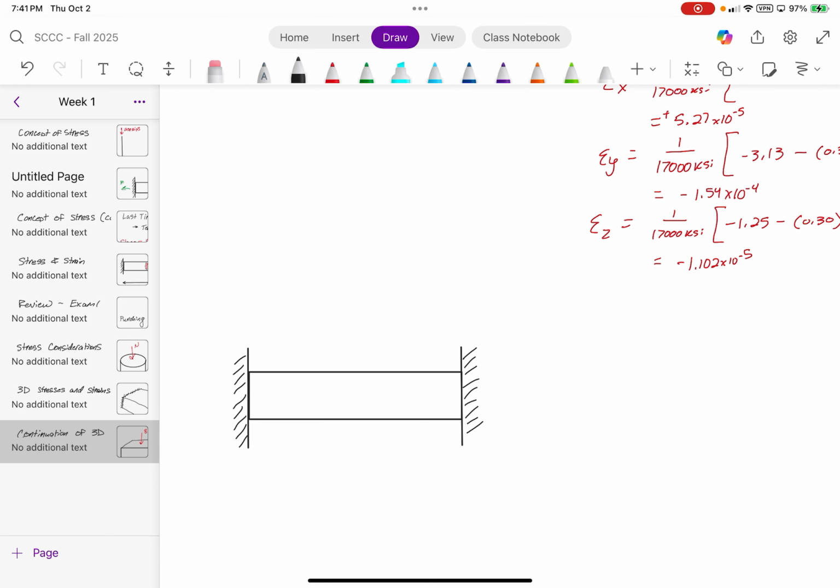Let's say that this is an A36 steel sample, about 24 inches in length, and it's subjected to a temperature change of 100 degrees Fahrenheit.